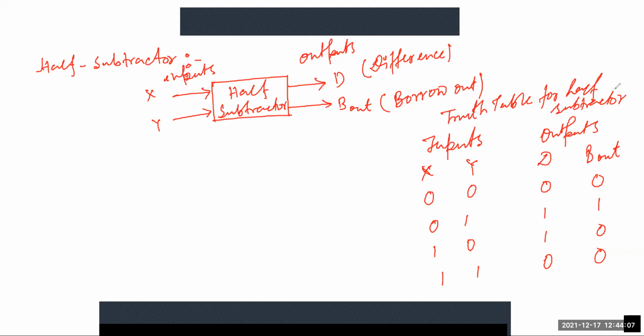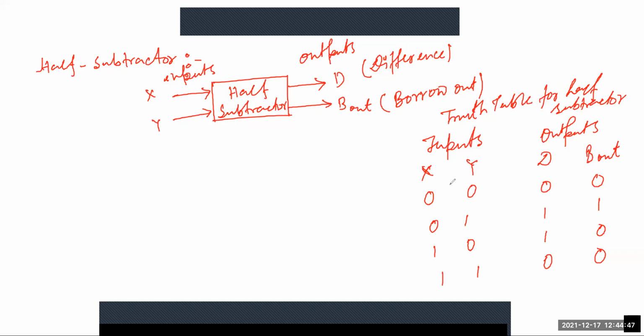Now from the truth table you can easily understand the difference output is 0 if X equals Y, and 1 when X not equals Y. Because in the first and the fourth combination, you can see the difference output is 0, and in that sense X equals Y. In both cases X and Y equal 0, and in the other case X and Y equal 1.